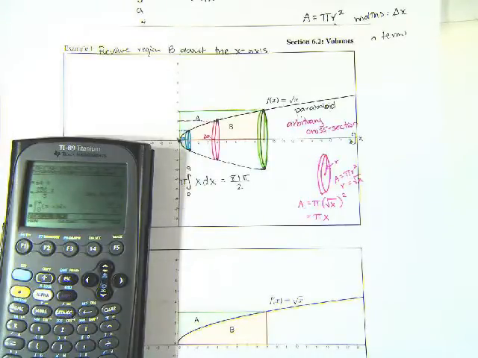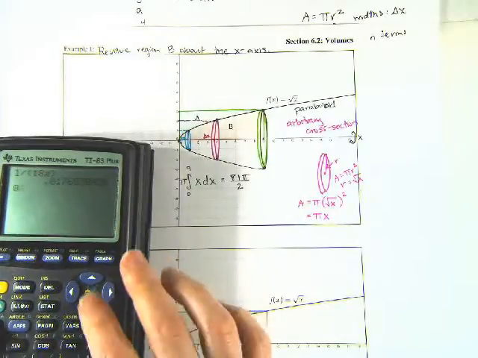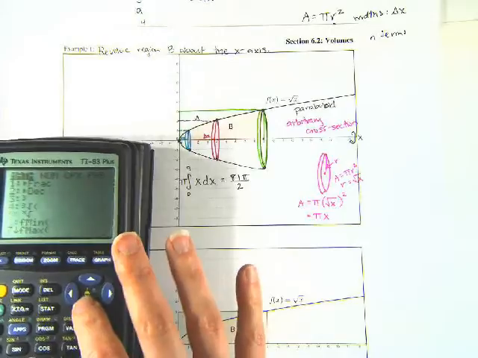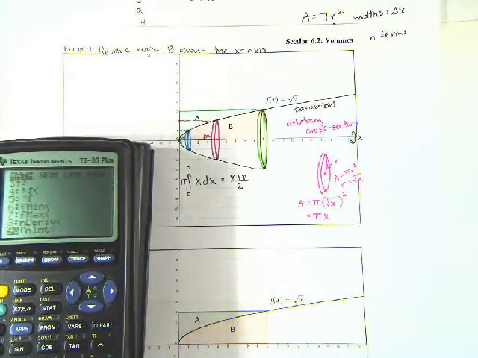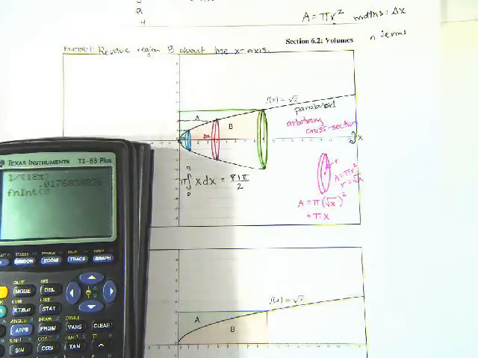Now if you have a TI-83, or an 84 or an 86 or any of those, what you want to do is go to math, and then scroll down until you get to fnInt, which is function integrate. Enter. Exact same order. Here's the thing with this one though. Leave the pi out for now, because we'll use this to convert to a fraction, and then we'll bring the pi back in.